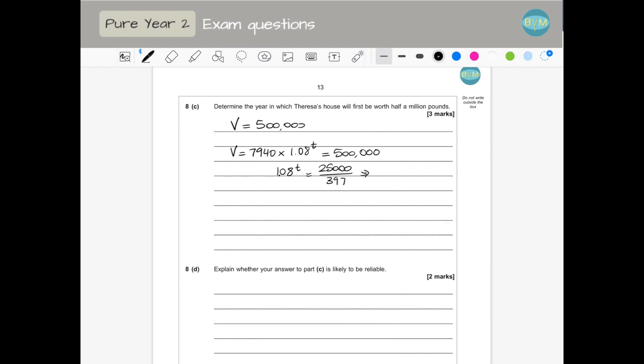Which means we can take logs here, and we can take logs in any base, but if you take logs to the base of 1.08, it's just faster, I think. So the left hand side is just T, and then we do this with the calculator. It doesn't matter the base, because you can take logs to any base with the calculator.